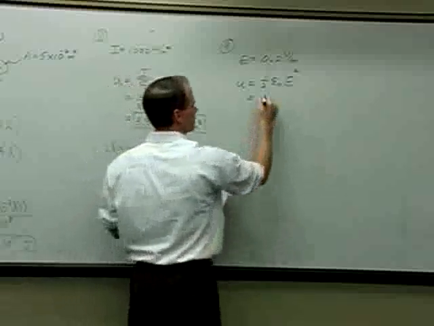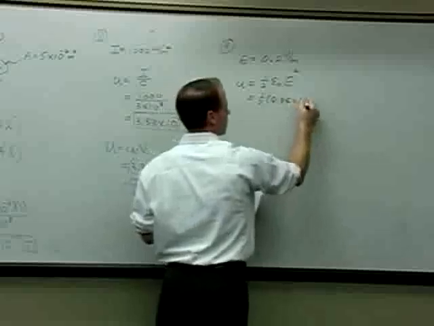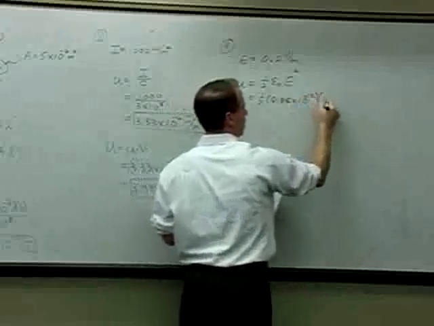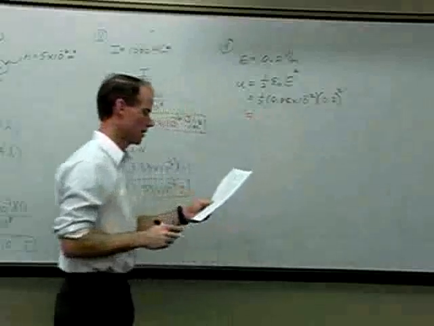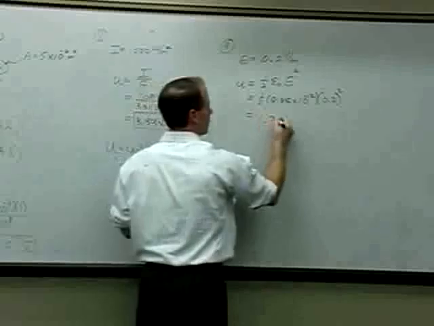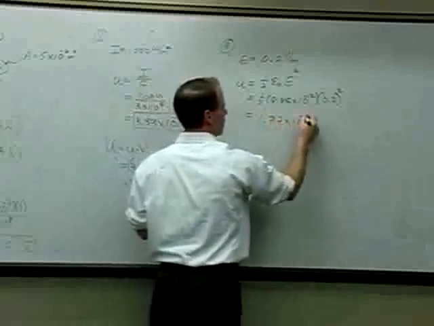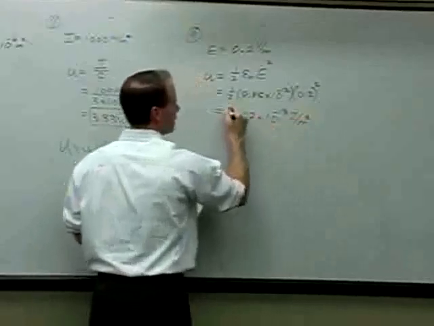So in this case, this would be 1/2 times 8.85 times 10 to the minus 12 times 0.2 volts per meter squared. And that gives us 1.77 times 10 to the minus 13 joules per cubic meter for the energy density.